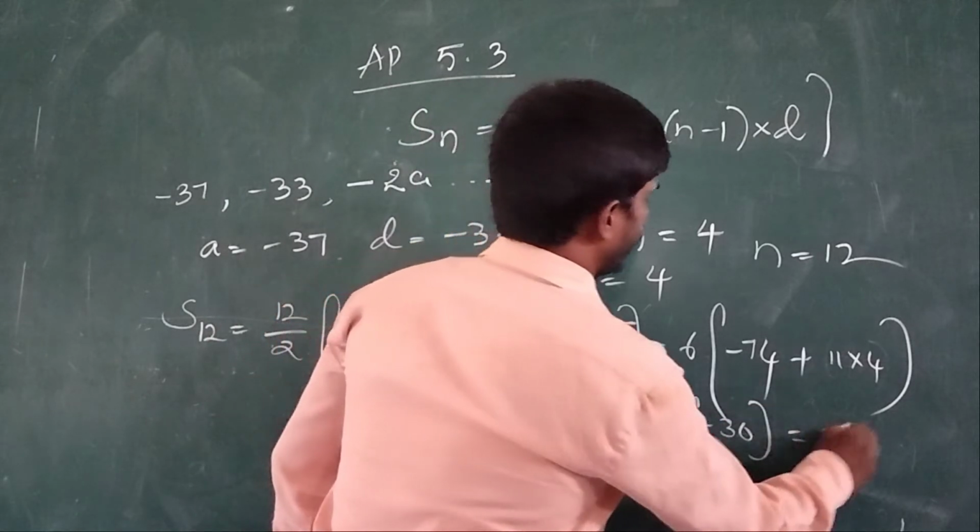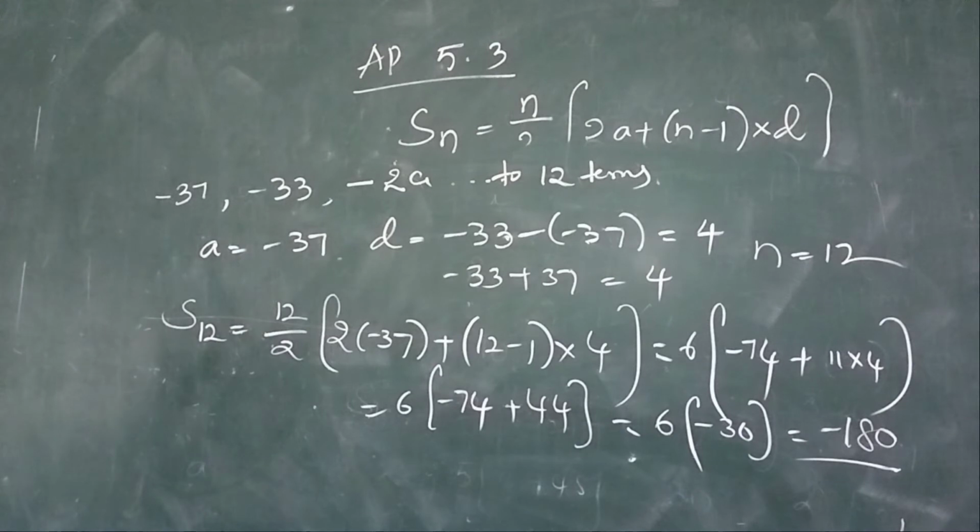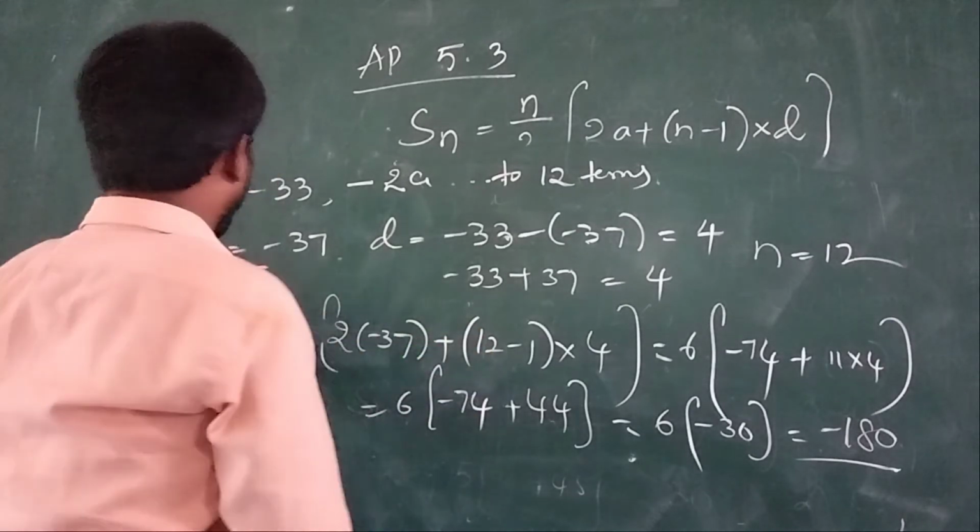So 6 into minus 30 is minus 180. So the sum of the first 12 terms in that series, minus 37, minus 33, minus 29, and so on, is minus 180.